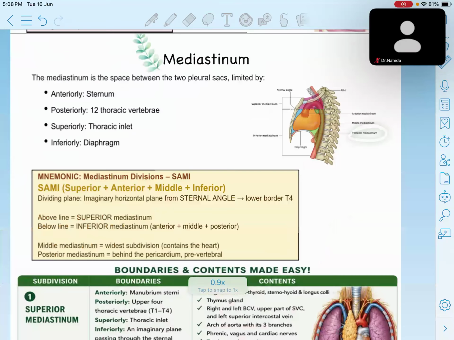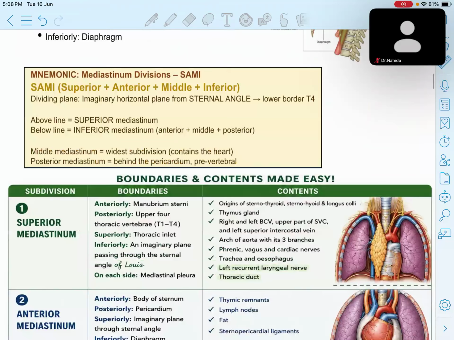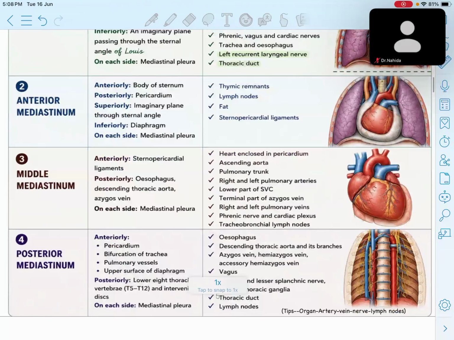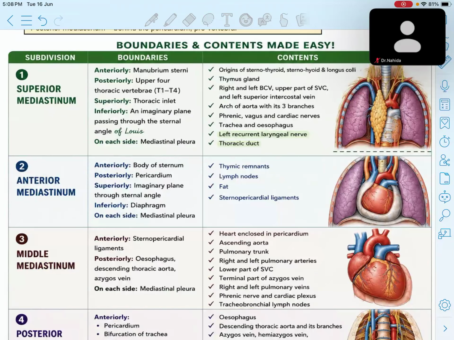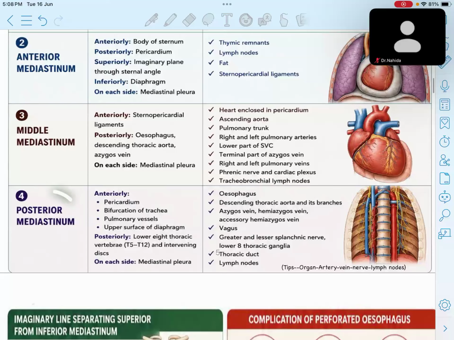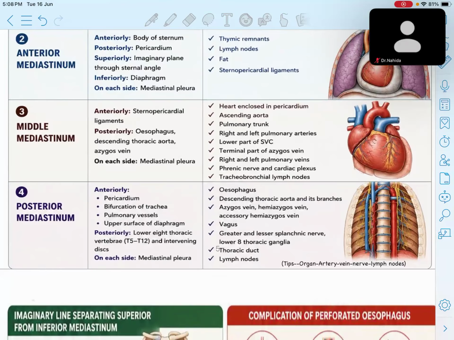Today I want to discuss the posterior mediastinum in detail, because the other mediastinum parts are not so important. Just go through them once and keep the concept, but the posterior mediastinum is the most important. So what is the boundary of the posterior mediastinum?